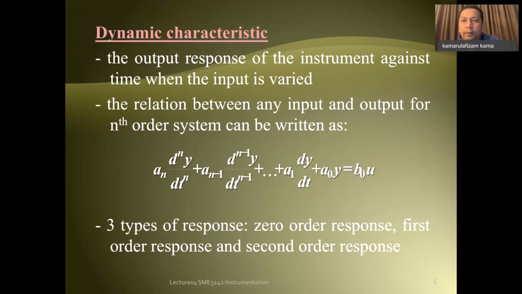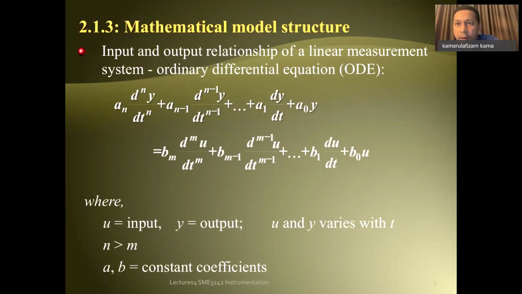Okay, so the first one is the zeroth order. Basically it is derived from the equation here and here and here. If you remove the t function, because this is zeroth order, so we are not looking at any changes in terms of time.